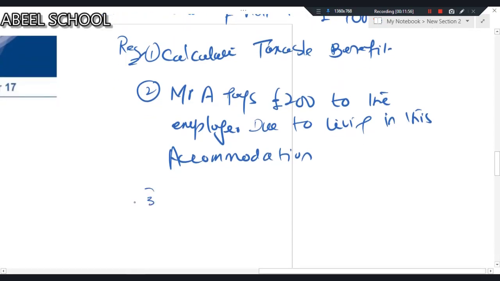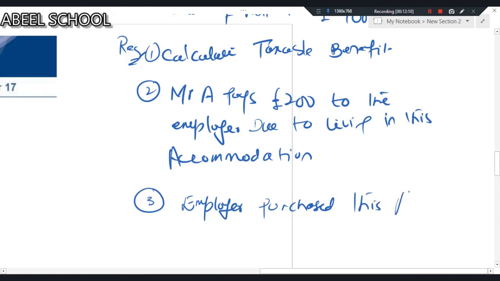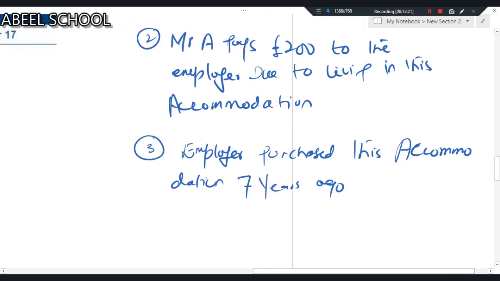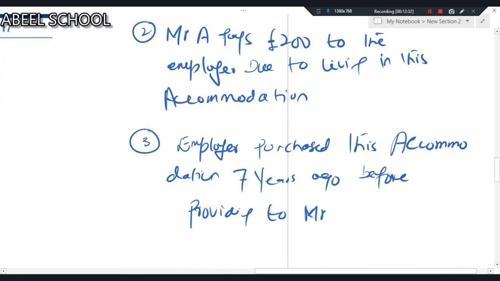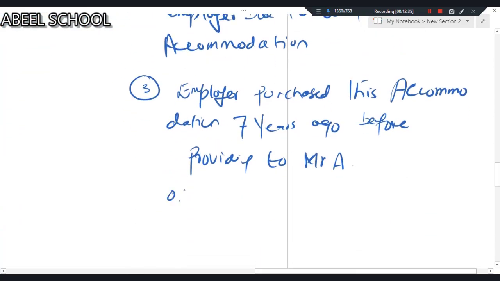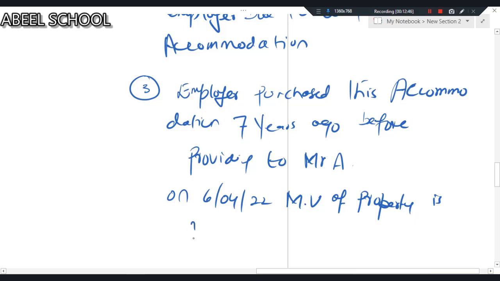Let's go for 3. The employer purchased this accommodation, this property, 7 years ago before providing it to Mr. A. So on 6 April 22, the market value of the property is £250,000.